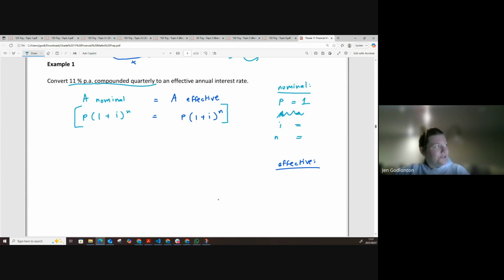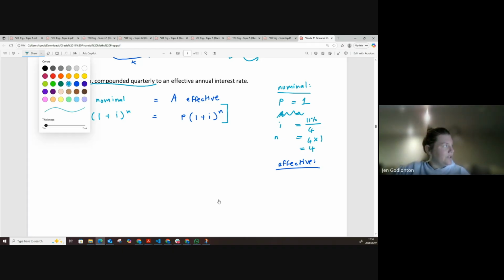Our interest rate is being compounded quarterly. So we've got 11% divided by 4. And let's say hypothetically we're working with 1 year, then we would say 4 times 1, which is equal to 4. Okay, so that's our nominal situation.